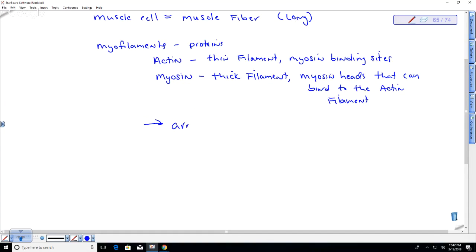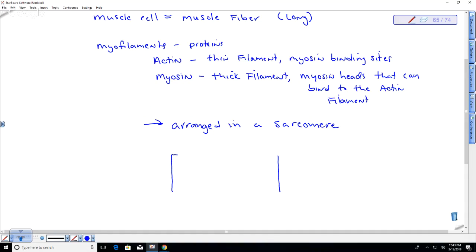So they are arranged in a sarcomere. If we look at this arrangement, I'm just going to draw one sarcomere, but there are hundreds of sarcomeres down the length of one long muscle fiber. So the sarcomere looks like this.